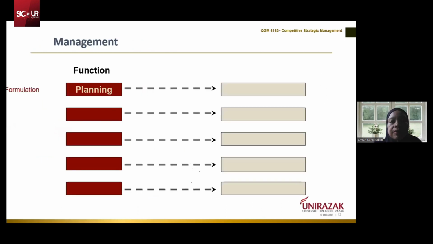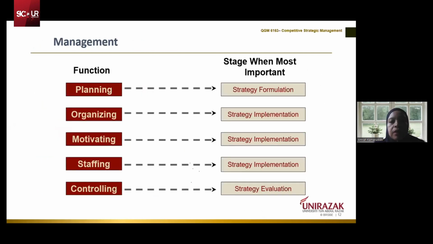Okay, this is actually the function of what you're going to learn in management of information, a combination of marketing and management. So this is strategic management. The function is planning, for formulation. This PLO is actually from the functions of management.